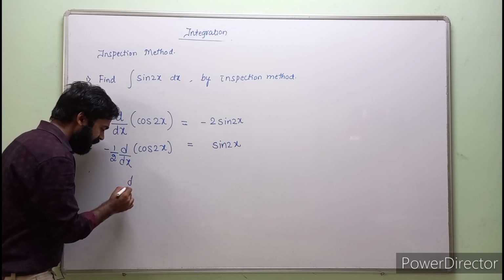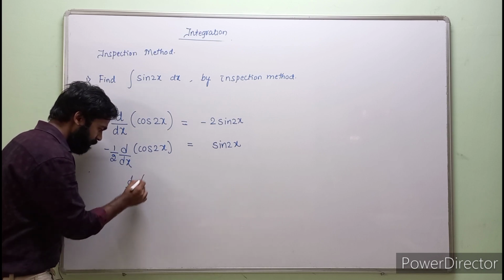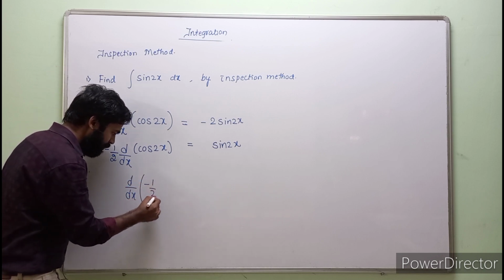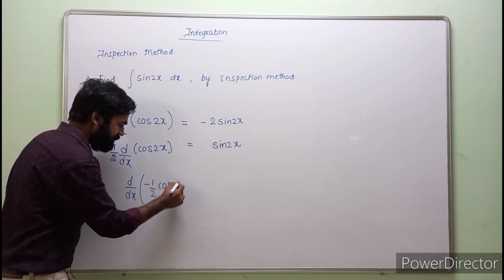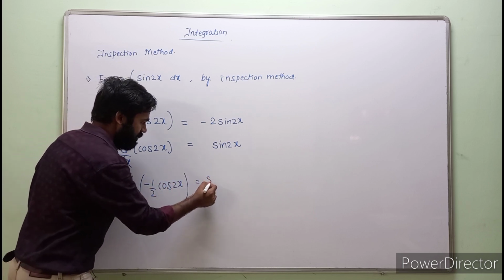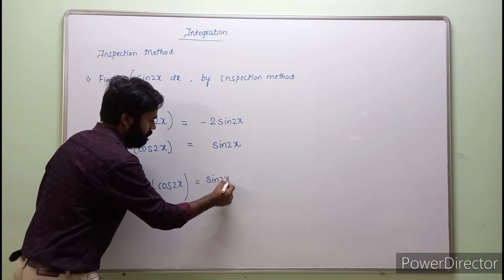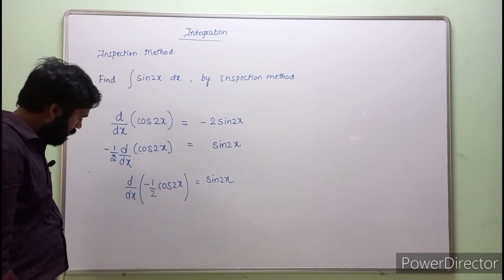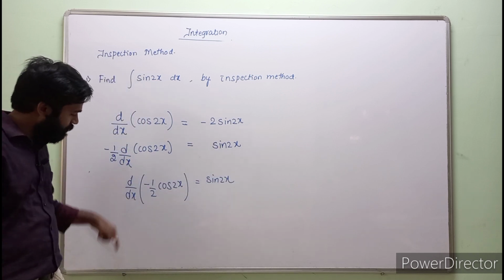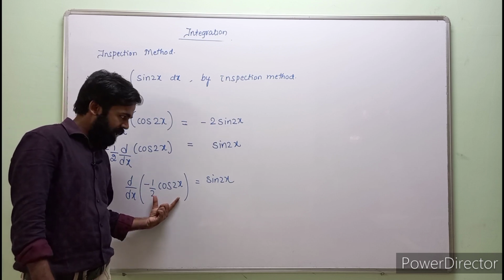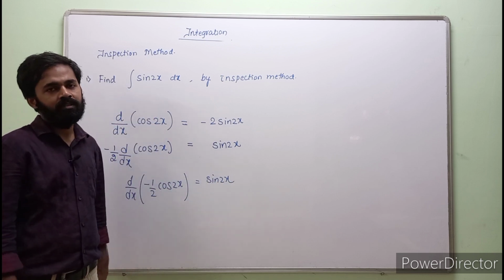So we get d by dx of minus 1 by 2 cos 2x is nothing but sine 2x. So what we got? We got differentiation of minus 1 by 2 cos 2x is nothing but sin 2x.